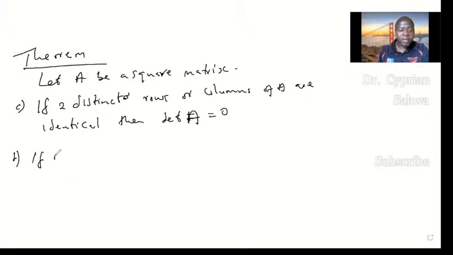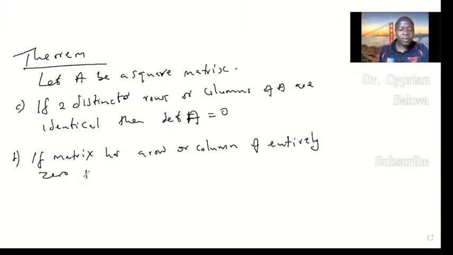If matrix A has a row or a column of 0, entirely 0, then the determinant of this A will be 0.